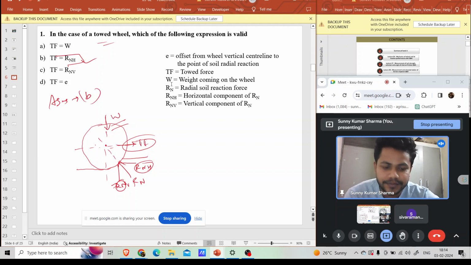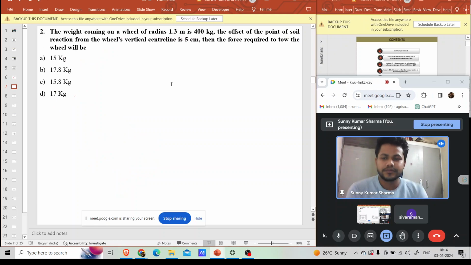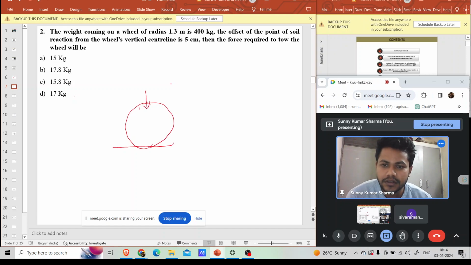Coming to the next question. The weight coming on a wheel of radius 1.3 meter is 400 kg. Suppose this is the wheel. The weight coming on it is 400 kg. Its radius is 1.3 meter.